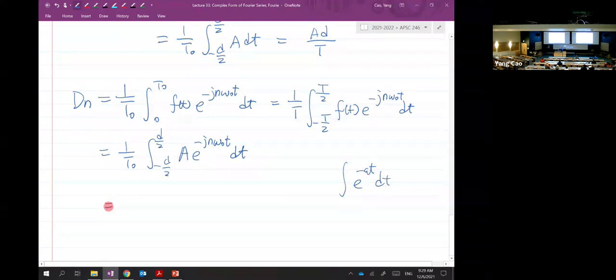So the result, with T naught being capital T in this question, is A over capital T times 1 over negative j n omega naught, e to the power negative j n omega naught t, with t going from negative d over 2 to positive d over 2.